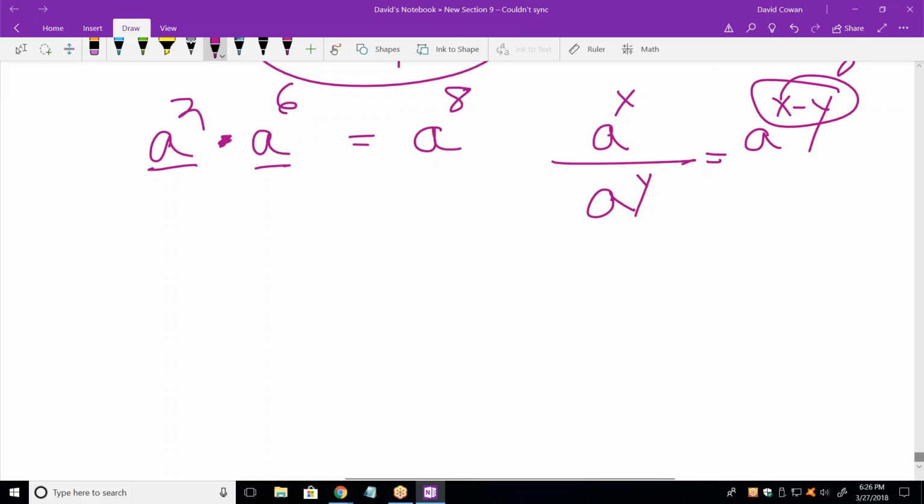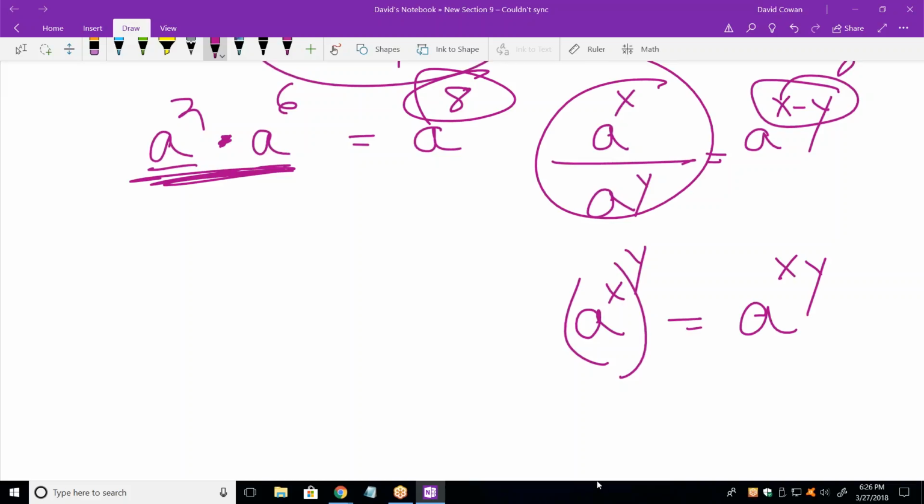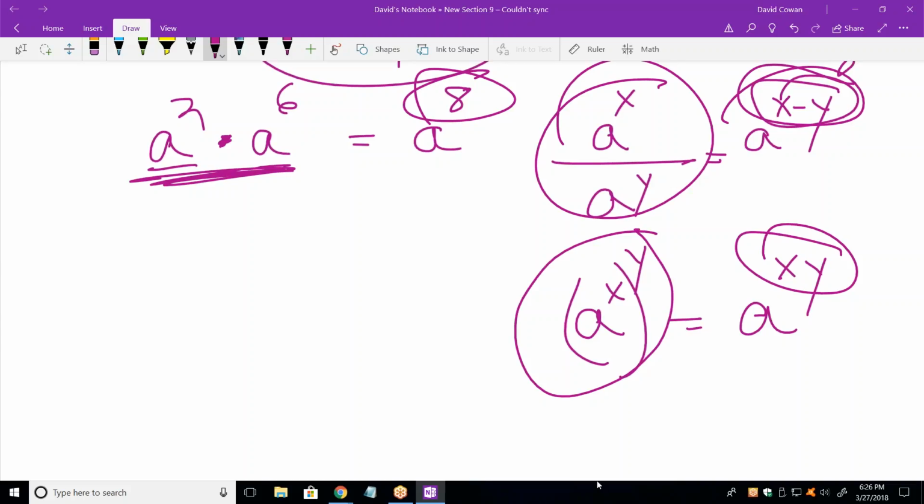Finally, if I have a to the x all to the y, same base, double exponentiation, then you multiply them. Those are the 3 rules. When you're multiplying the bases, you add the exponents. When you're dividing the bases, you subtract the exponents. And when you're exponentiating, you multiply the exponents. Those 3 rules, that's it.